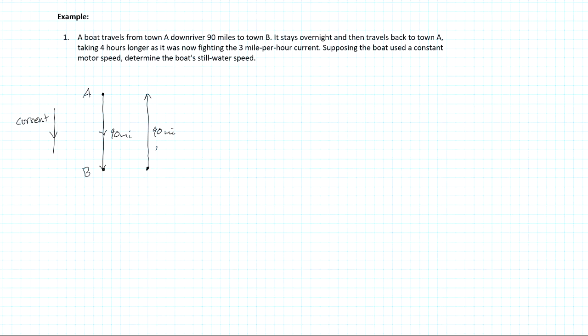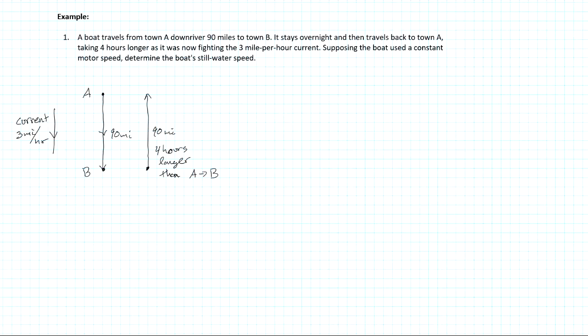And this takes 4 hours longer than the trip from A to B. And the reason that it takes 4 hours longer is because it was fighting now a 3 mile per hour current. So now we're being told what that current's speed was. That's 3 miles per hour in that direction.